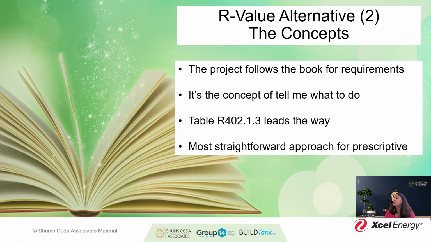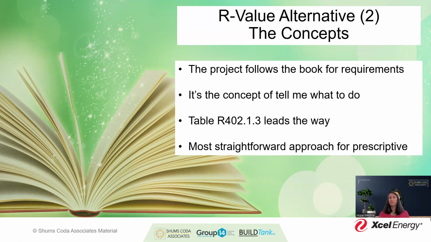Sorry, I didn't mean to talk so fast. All right, let's talk about our R value option. Let me know if you need it again. The R value is actually the one that we're probably very familiar with. Again, it is that concept of what is the book telling us to do?